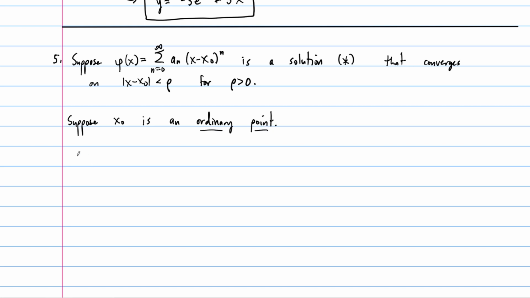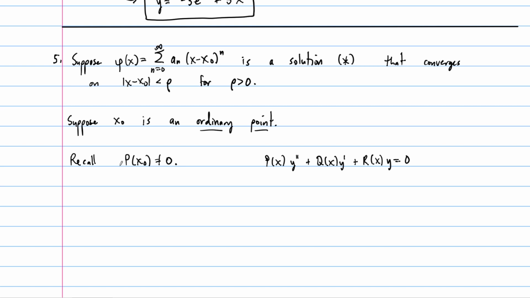But this means, recall, that p of x naught is not equal to 0, right? So our differential equation, which was given as p of x times y double prime plus q of x times y prime plus r of x times y equals 0, can be transformed near x naught.